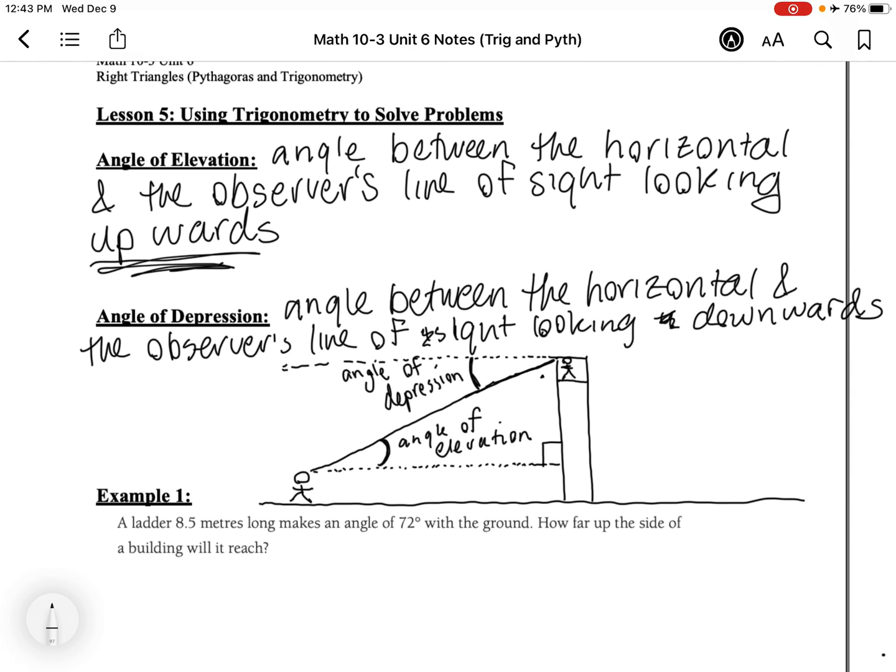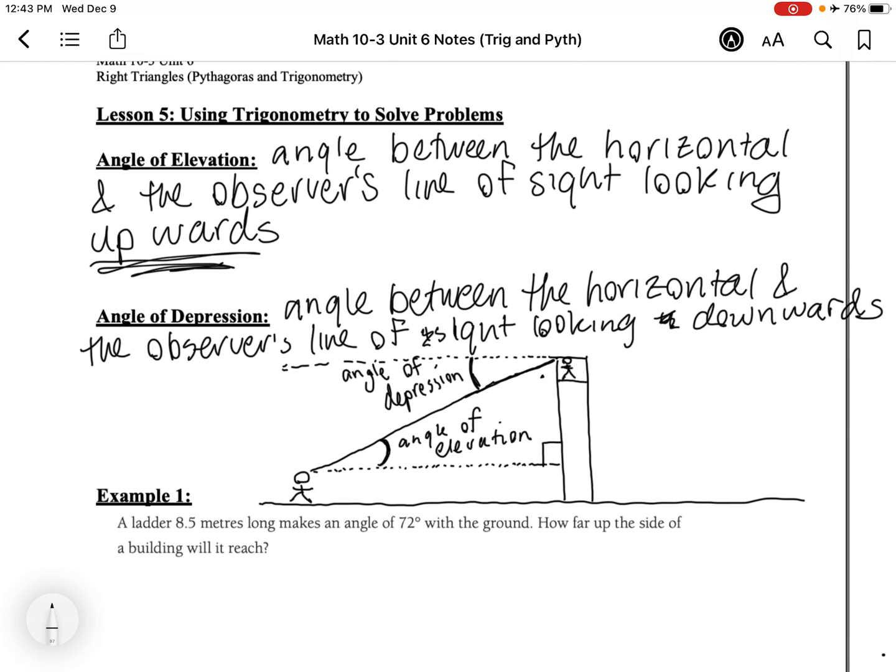Okay, now one thing that you can notice is that these two horizontal lines are parallel to one another. And so these angles, this person from the top, their angle of depression, and this person at the bottom, their angle of elevation, these are actually alternate interior angles, and they are equal to one another.